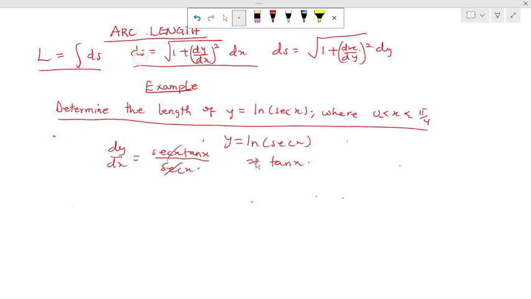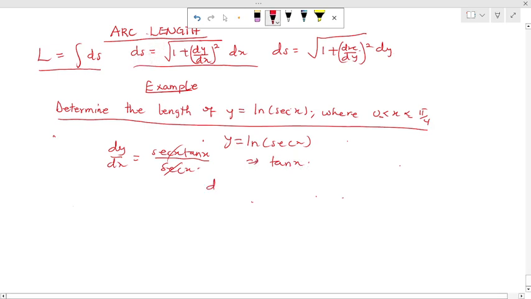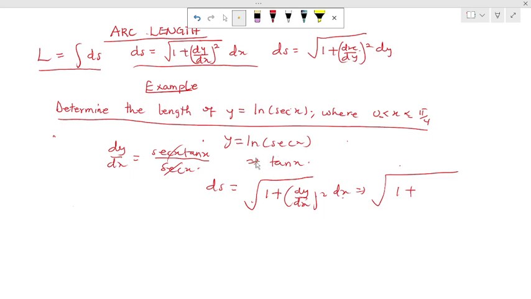Then we come to find our ds itself. So our ds is going to give us the square root of 1 plus dy over dx all squared dx, and this is also equal to the square root of 1 plus, now my dy over dx is tan x, so I'm going to have tan x all squared dx.